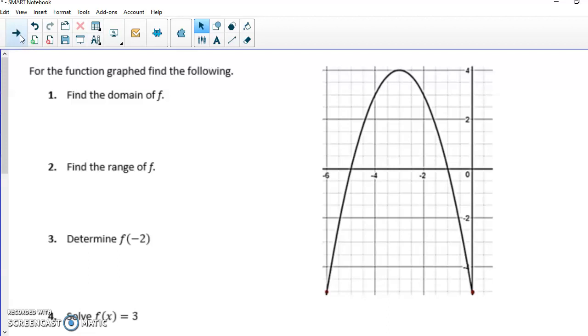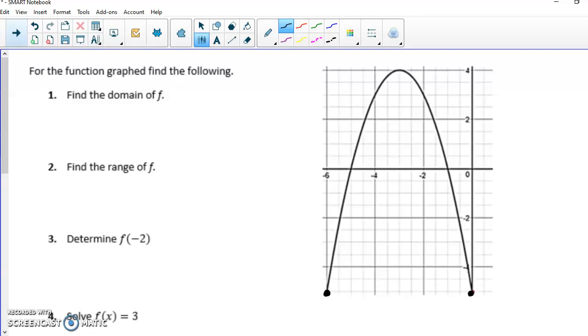With this graph here, we see our domain. And for this, please notice we do have endpoints right here and right here. So if those aren't showing up super well on your screen, they should be now, as I've made them quite a bit bigger. So we do have some endpoints there which will be restricting our domain. So when we look at our domain, what values of x's are included in this quadratic looking graph?